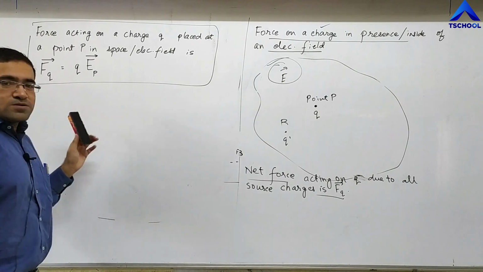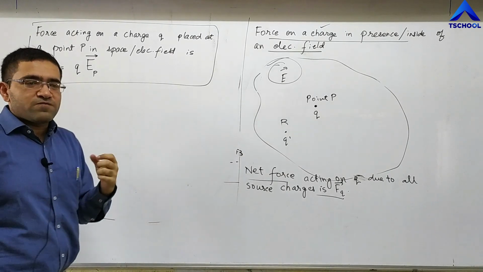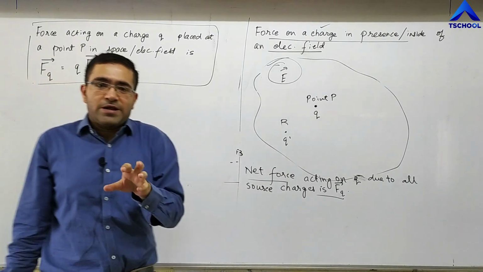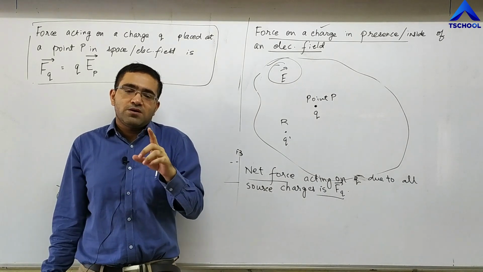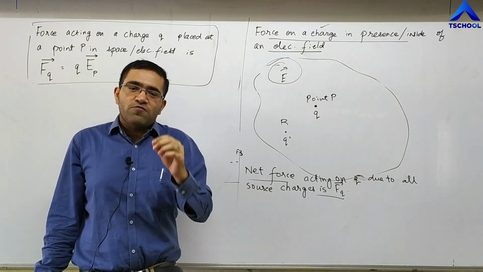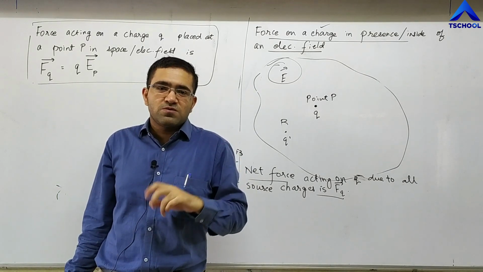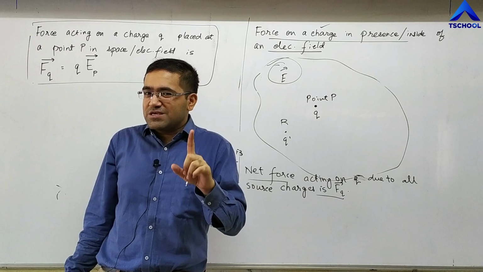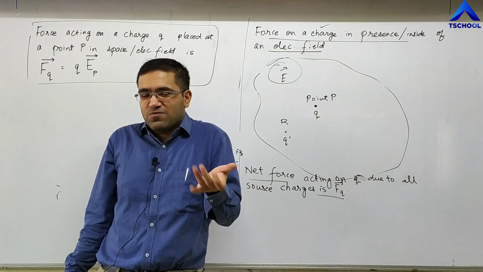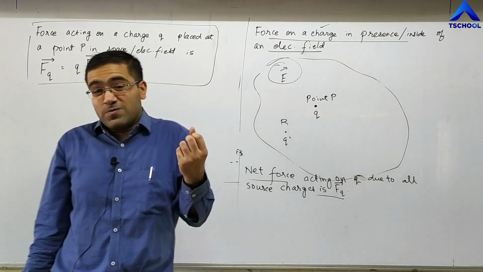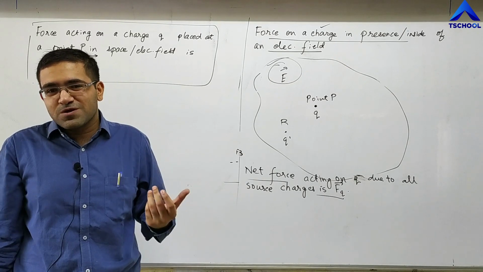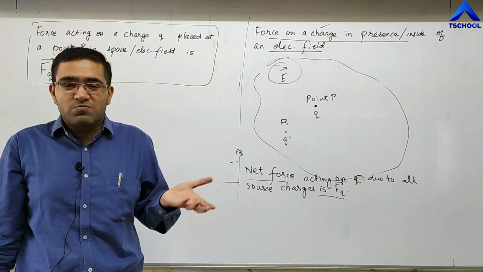So remember, if you want to find force on a charge, there are two ways to handle the situation. One, use Coulomb's law for all those charges that are applying force on that charge Q. That's method one. It's easy for 1, 2, 3, 4 charges, but it's quite cumbersome if someone gives you 10,000 charges or 1,000,000 charges or even more.